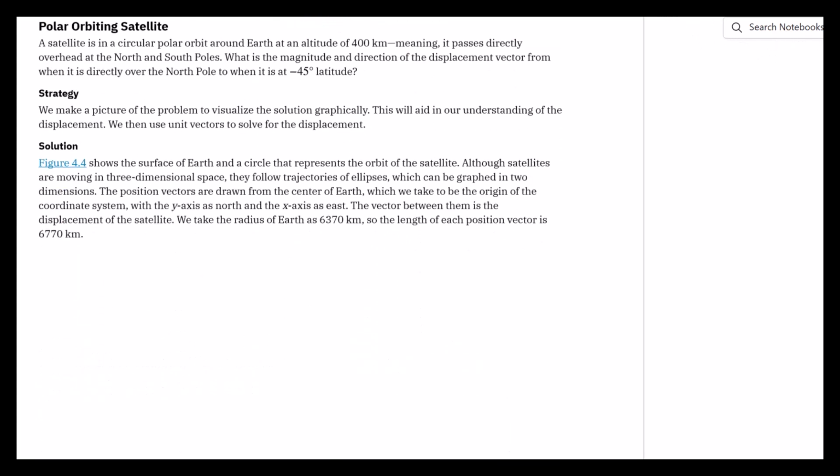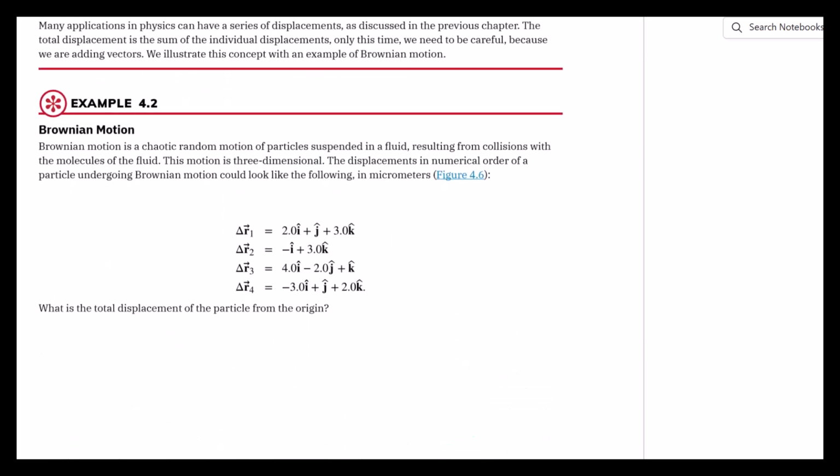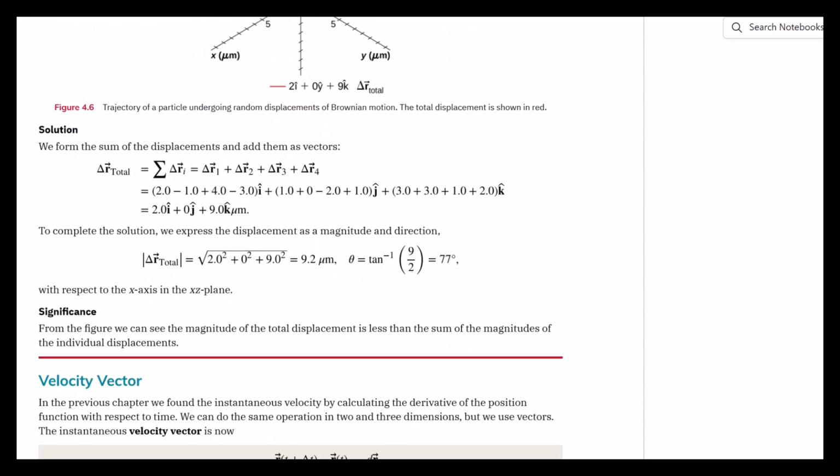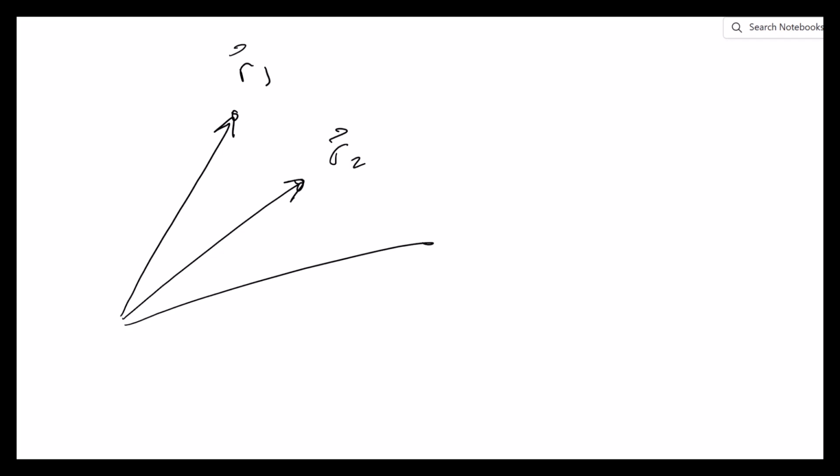The reason we care is because in a minute, we're going to take a differential, eventually. So let's pretend we have this r1, and then we have r2, and we have r3. What your book is saying here is this differential is your delta r, and then here's another delta r.